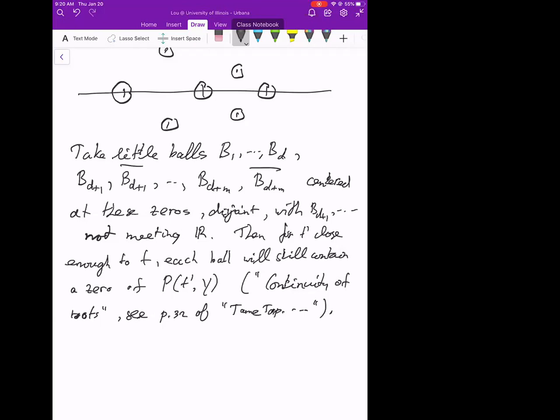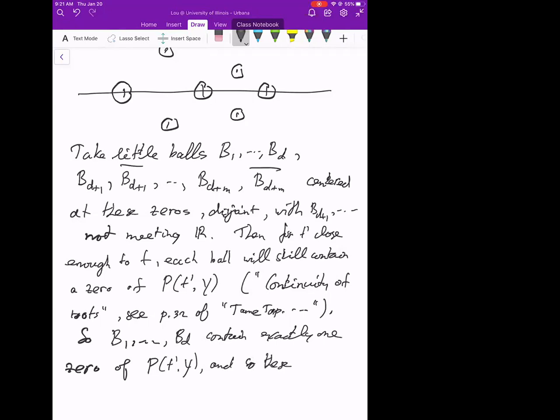So B1 up to Bd contain exactly one zero of p(t',y), and these zeros must be real, because these real balls are centered at a point on the real axis; if they contain a non-real point, then the complex conjugate would also be in there, and that would contradict that they contain exactly one zero.